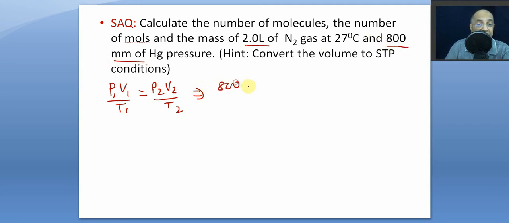So 800, let it be millimeter, doesn't matter because this is a ratio, and volume, let it be liter, divided by temperature, which is 273 plus 27 is 300 Kelvin, is equal to standard pressure 760 millimeter, which is 1 atmosphere, and the volume V2 we are going to find out, and the temperature is 273 Kelvin.